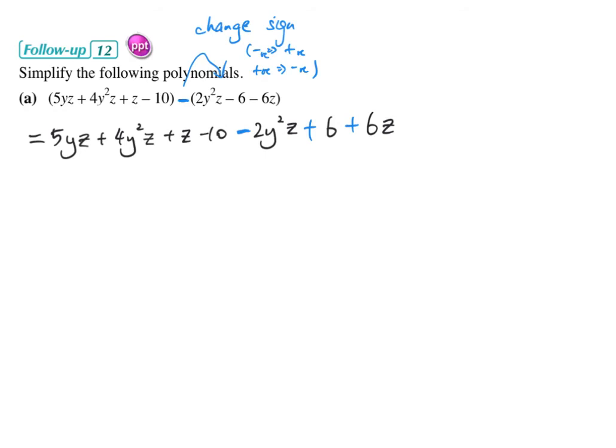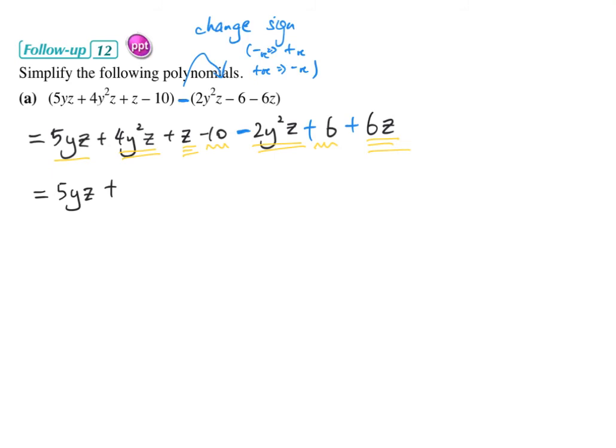Okay, and then we try to add the like terms together. So yz, no like term. y squared z, like term here. z, like term here. And then the last one, constant terms. Okay, so we can add them together. 5yz, I'm so sorry, you have no like term. 4y squared z, you had like term minus 2.